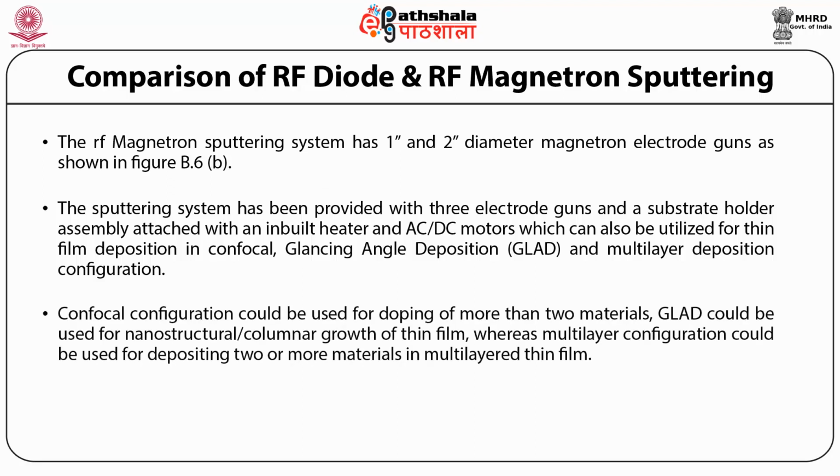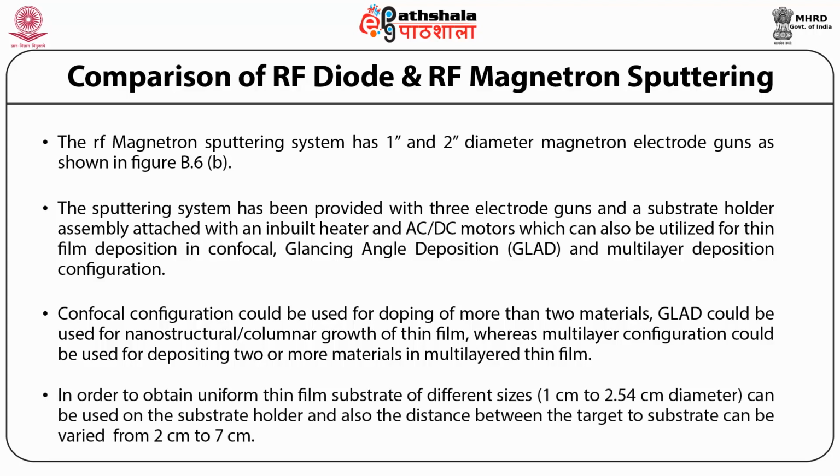Confocal configuration could be used for doping of more than 2 materials. GLAD could be used for nanostructural or columnar growth of thin films, whereas multilayer configuration could be used for depositing 2 or more materials in multilayer thin film.